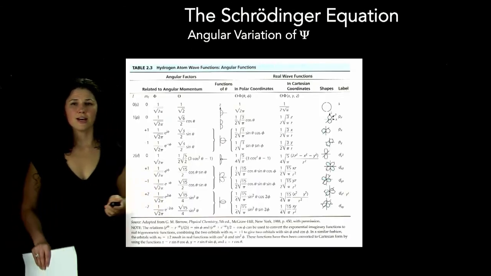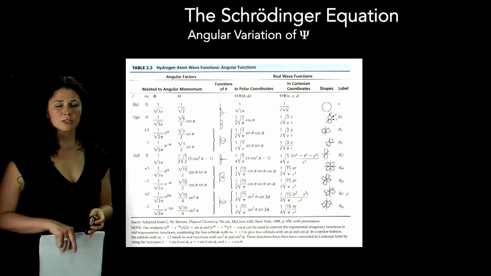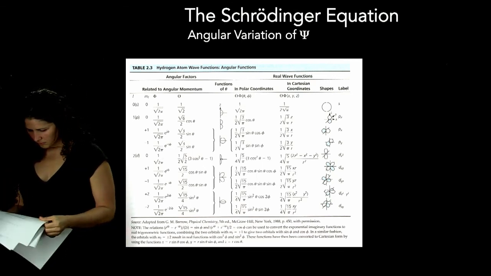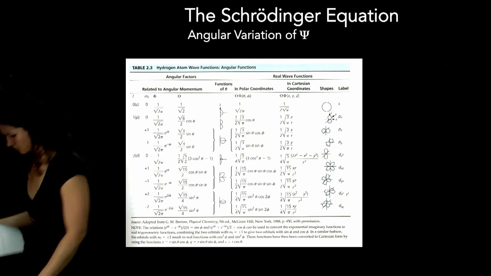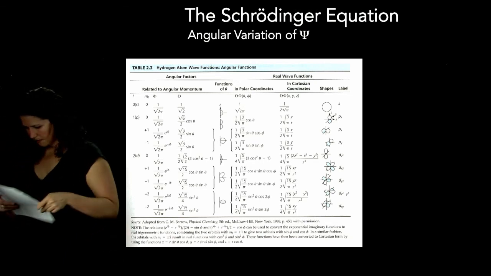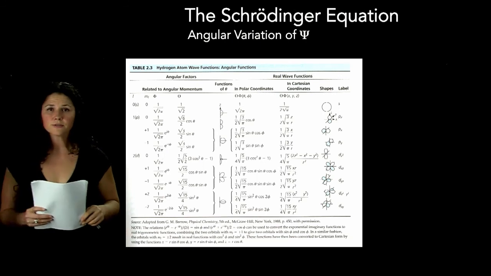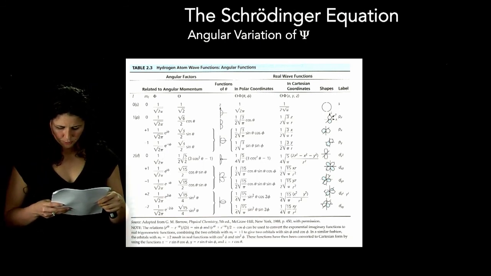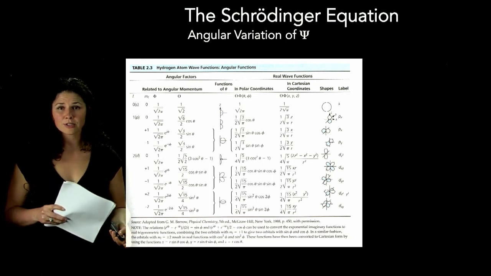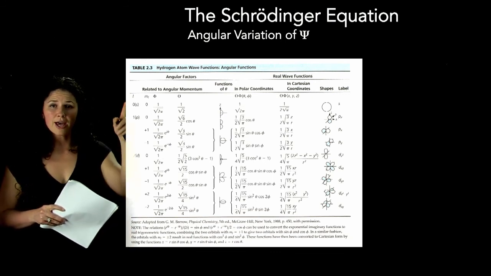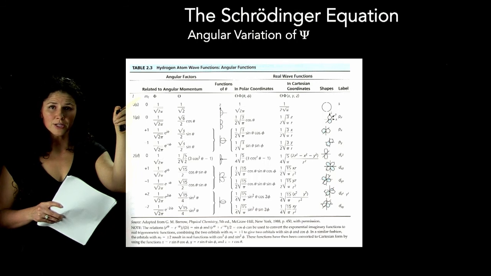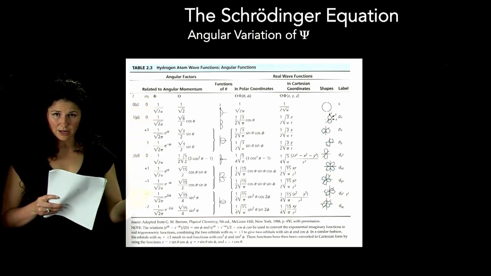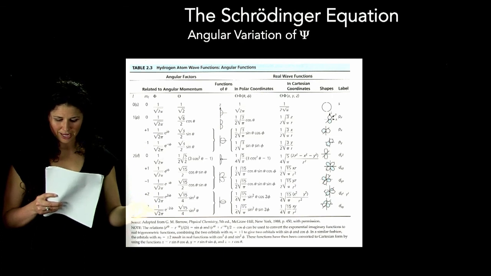So let's look at one of the tables from the Miessler and Tarr textbook. So this is for the angular variation. And I just want to point out that these angular coordinates are hard to show. So we have the L and the M sub L. This coordinate here is actually really hard to imagine.